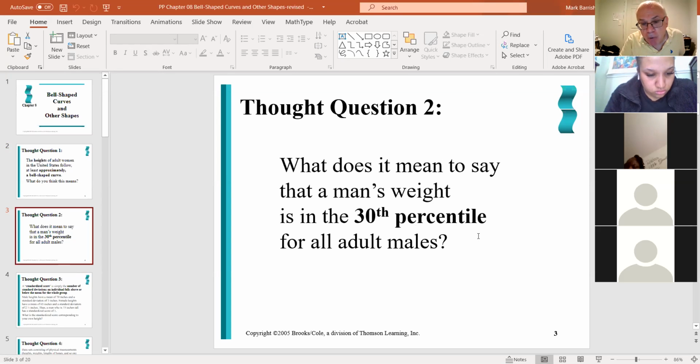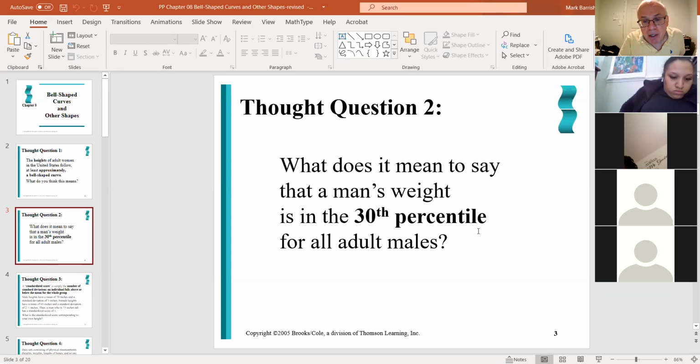The 30th percentile will be a particular men's weight, and because it's the 30th percentile, 30% of the men weigh less than that. That's one way of saying it, okay? If it was the 70th percentile, it would be a bigger weight, and we would say 70% of the men weigh less than that weight, okay?